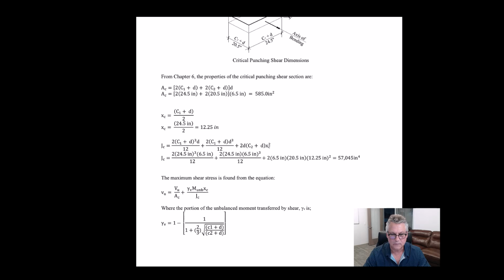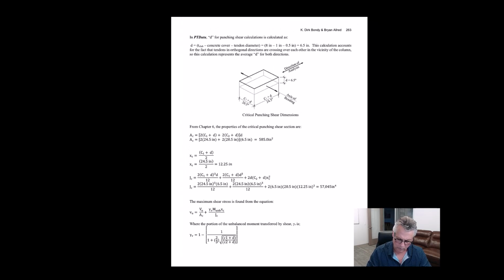Okay, I guess that makes sense. I'm sure there was plenty of testing that backed that up, but what that testing said was this is how you calculate the percentage of the unbalanced moment that has to be transferred by shear.